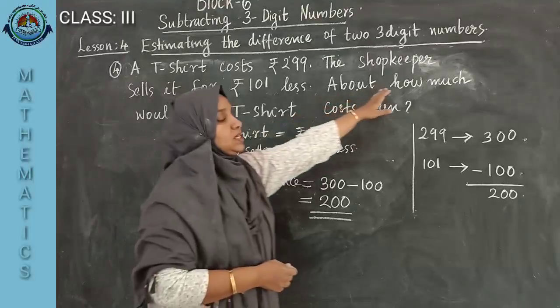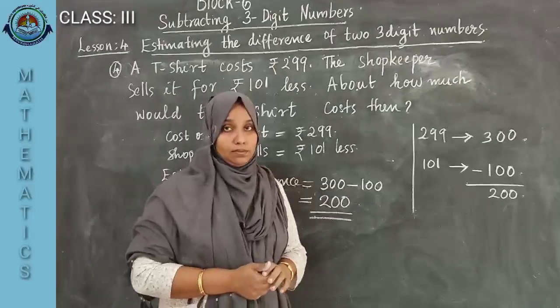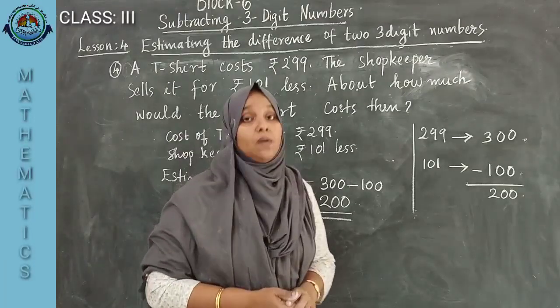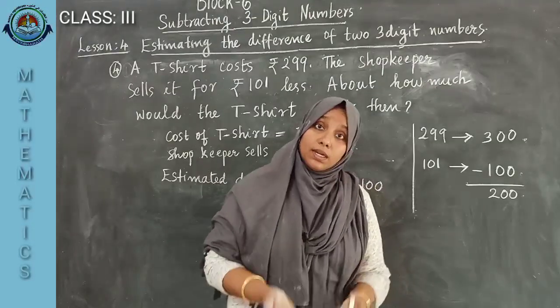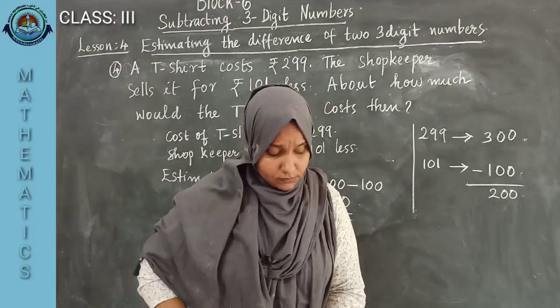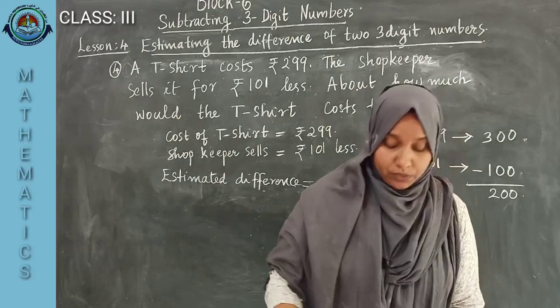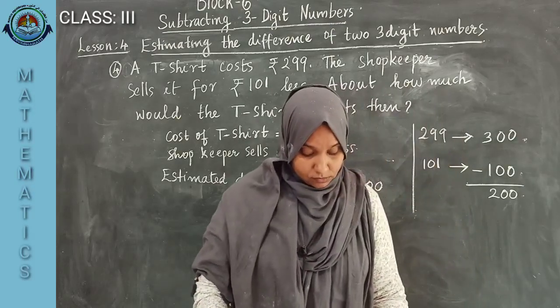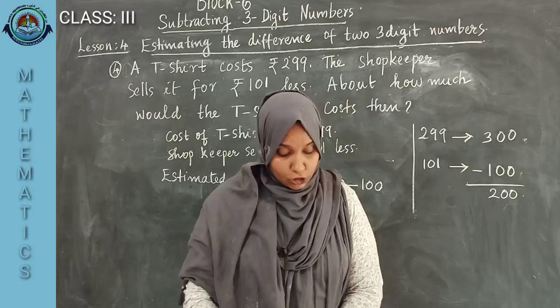Why do we find the estimated difference? Because in the question it is asked about how much the cost of that t-shirt is. So we have to estimate the difference. Then children, there is a question in your content book, practice problem, page number 35.